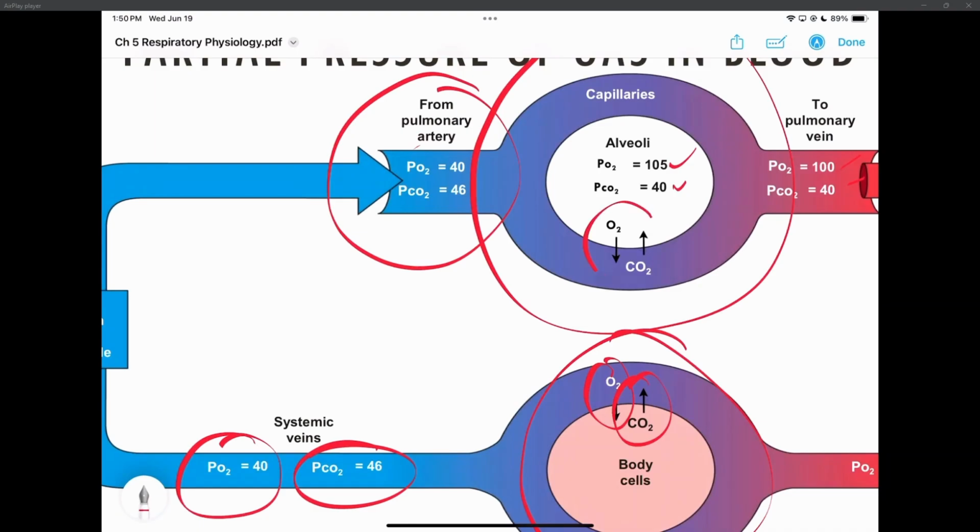So we have the right setup for diffusion. So that CO2 will leave the blood and go into the lungs, because it's only 40 in the lungs and 46 in the blood. So CO2 will diffuse into the lungs so we can exhale it out. O2 is only 40 coming back to the lungs. It's 100 in the alveoli. So O2 gets dumped into the blood because the diffusion gradient favors that direction.